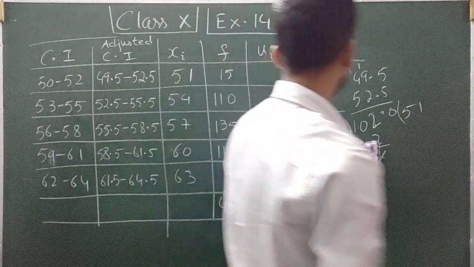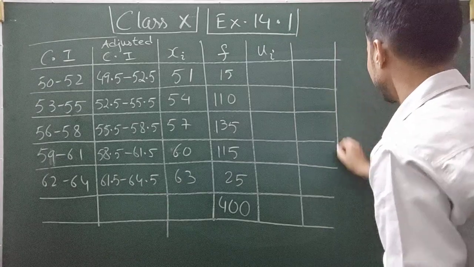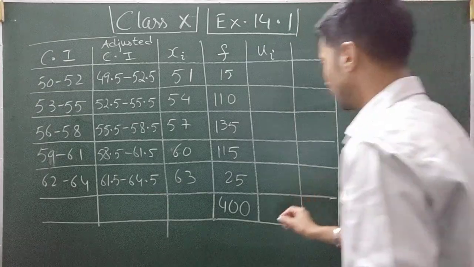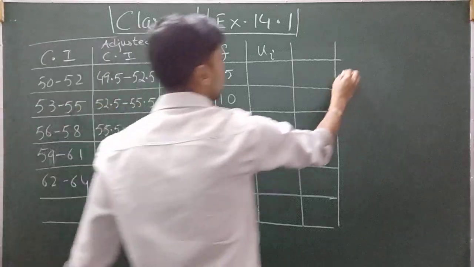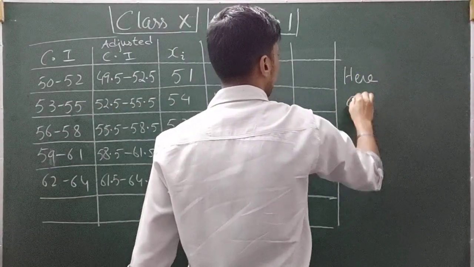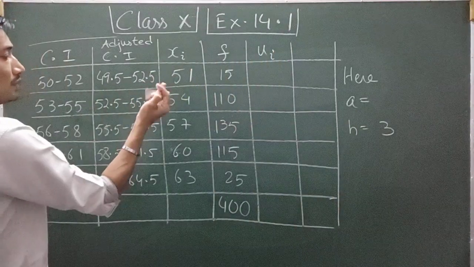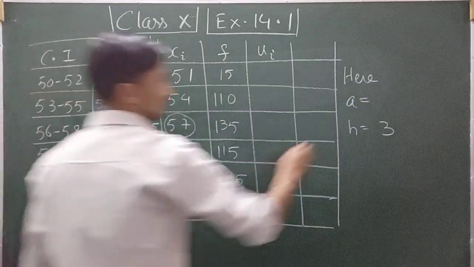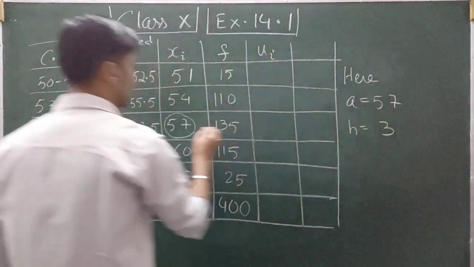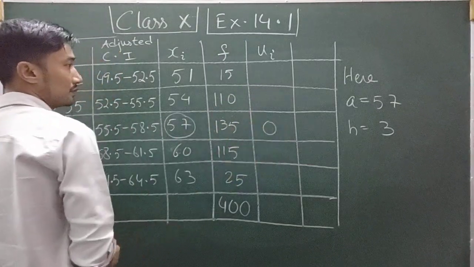So now I'm going to do directly by the method that I told you, that short means directly finding out the values. So here, of course, I'll have to assume. Here, A, you assume h is 3, and A I'll assume to be 57. So what did I say? For ui, I'll write 0.